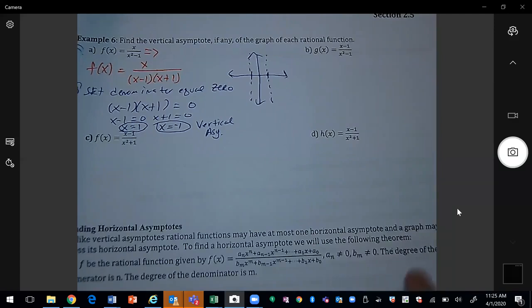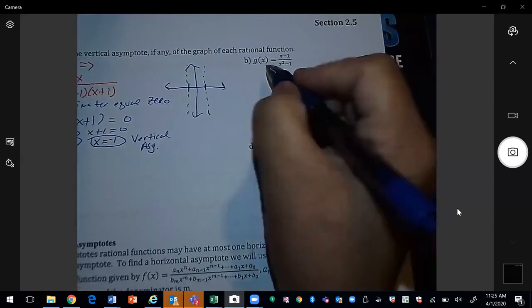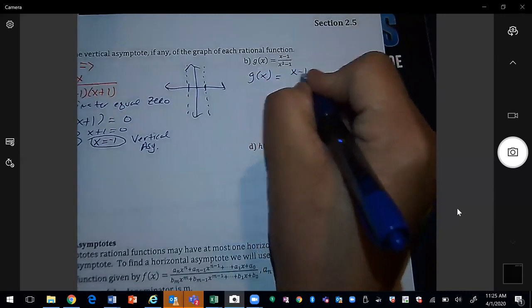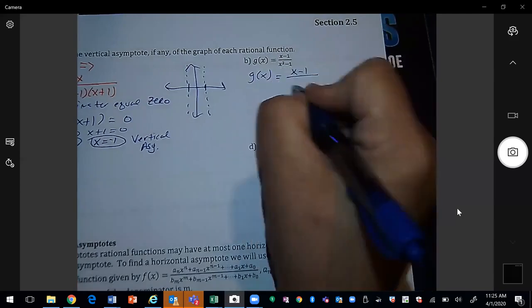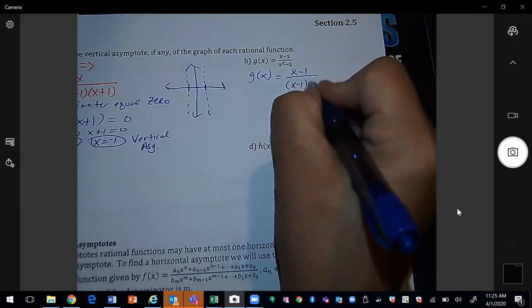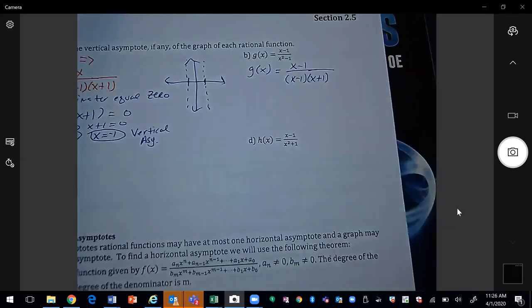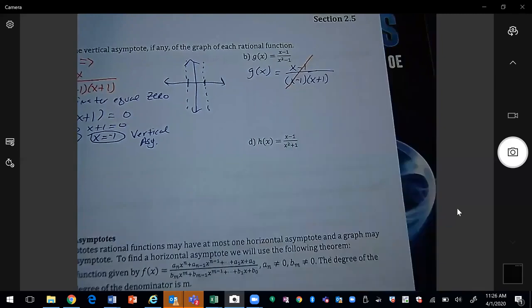Okay, so if we go to B, we make sure that it's factored already. So x minus 1 is factored, but x squared minus 1, we can factor as x minus 1, x plus 1. And then we ask ourselves, can we cancel any like terms? So here, I can cancel this term. Okay.